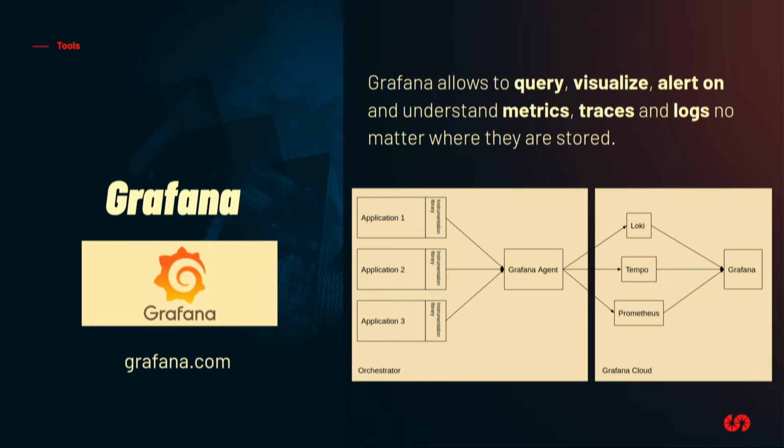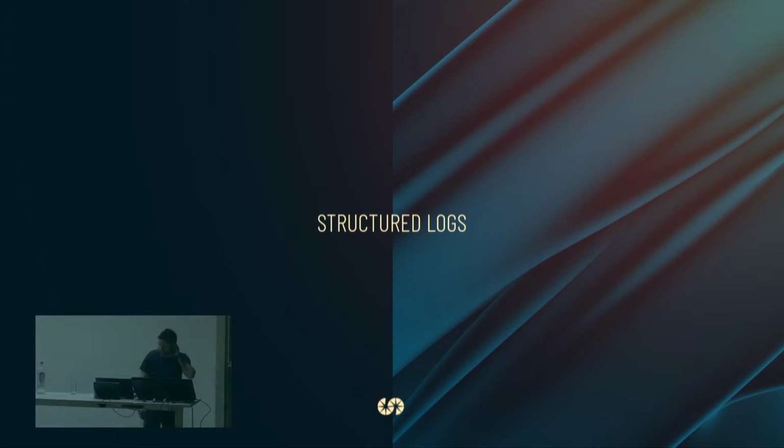And then the Grafana agent will send logs, traces, and metrics to 3 components of the Grafana stack. That is Loki for logs, Tempo for traces, and Prometheus itself for metrics. And then we will use the Grafana user interface to do queries, extract information, and visualize them. Okay, let's start with structured logs.